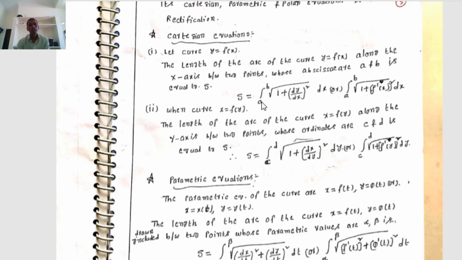S equals the integration from a to b of square root of 1 plus dy by dx whole square into dx, or integration from a to b of square root of 1 plus f dash of x square into dx. Here dy by dx equals f dash of x. That is, for the curve y equal to f of x, the length along the x-axis between the points a and b is s, therefore s equals integration a to b square root of 1 plus dy by dx square into dx, or integration a to b square root of 1 plus f dash of x square into dx.